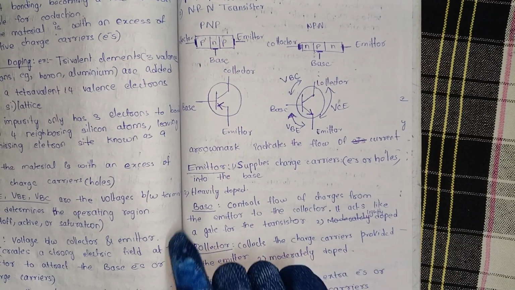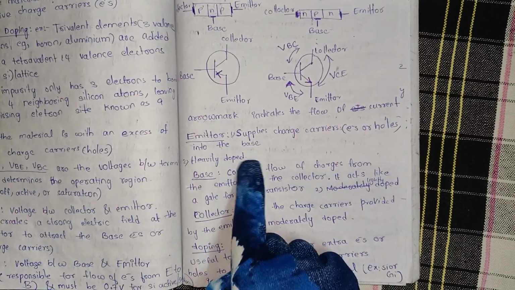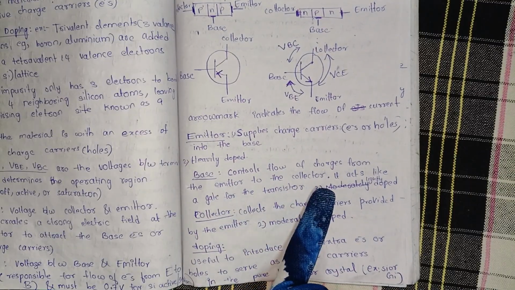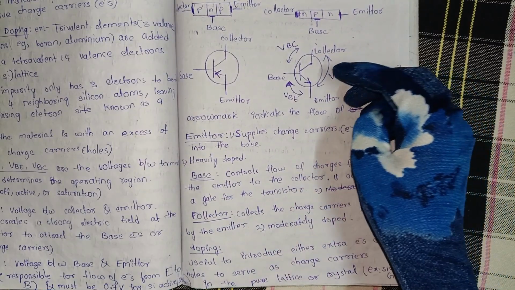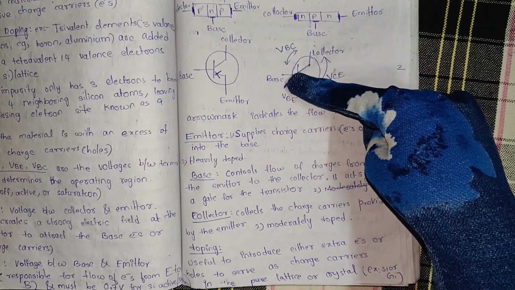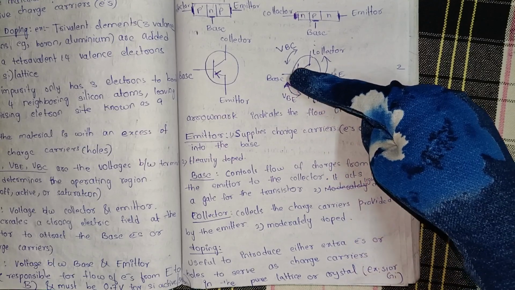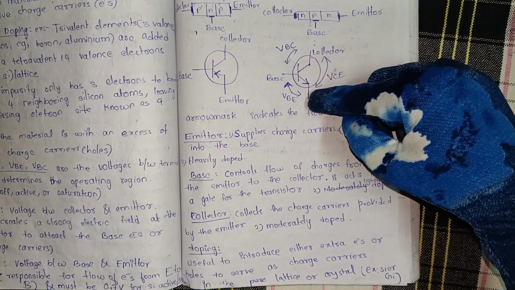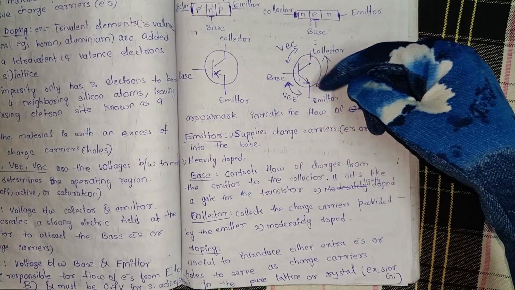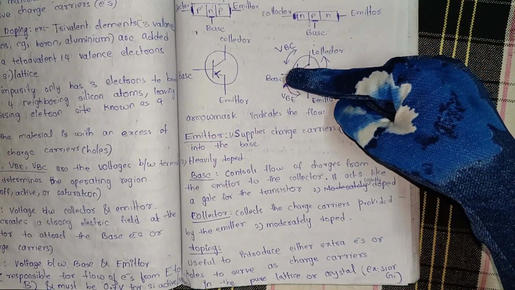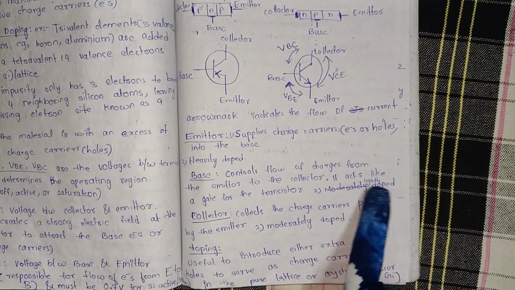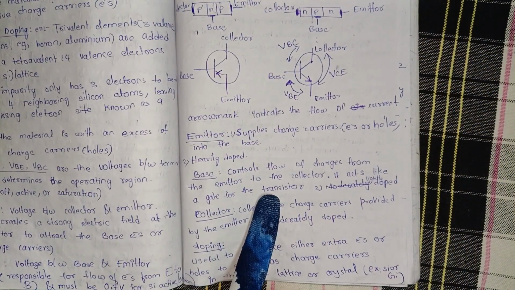So then the base, which is lightly doped, controls the flow of charges from the emitter to the collector. Here is the base, which controls the flow of charges from emitter to the collector. Okay, from emitter through the base and to the collector. Okay, and it acts like a gate for the transistor.